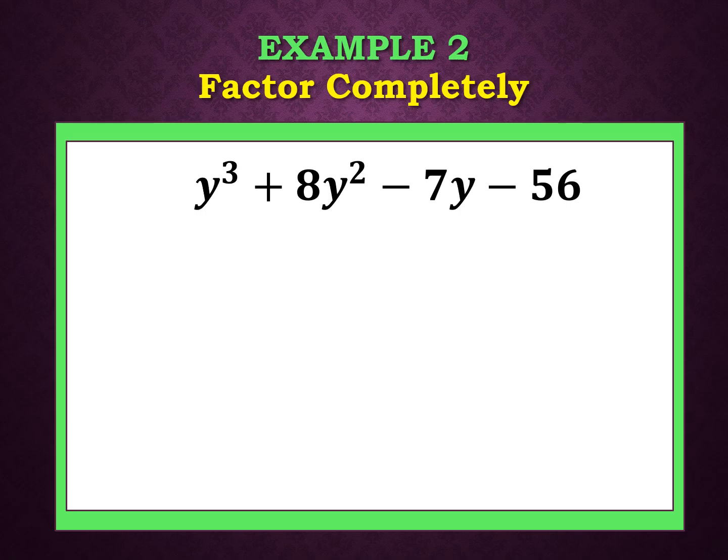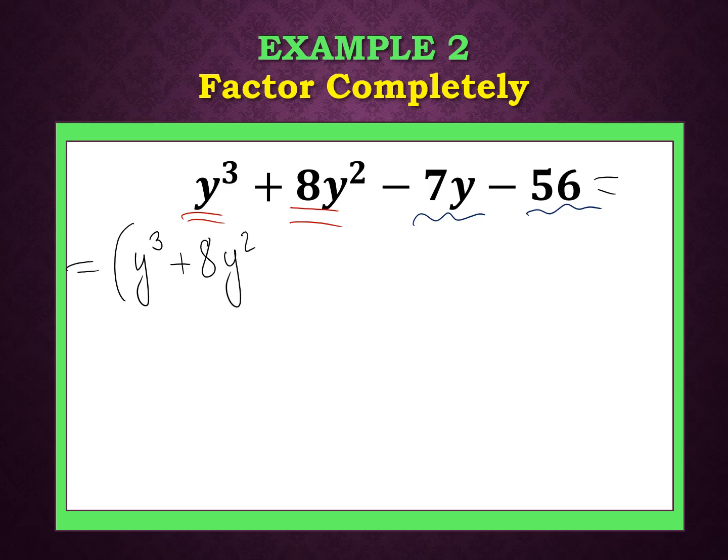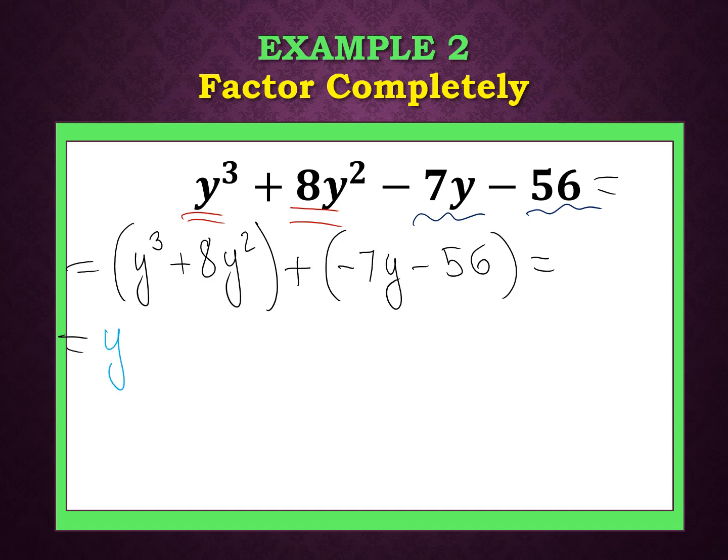In the second example, we will combine the first and the second term of our polynomial and the third and fourth, but carefully. First, we open parenthesis, y cubed plus 8y squared. Now we have minus, so be careful with the minus. We can use two approaches. We can put plus here and keep negative 7y minus 56. Now we can see we have common factor y squared, so factor out by the distributive property, it would be y plus 8.